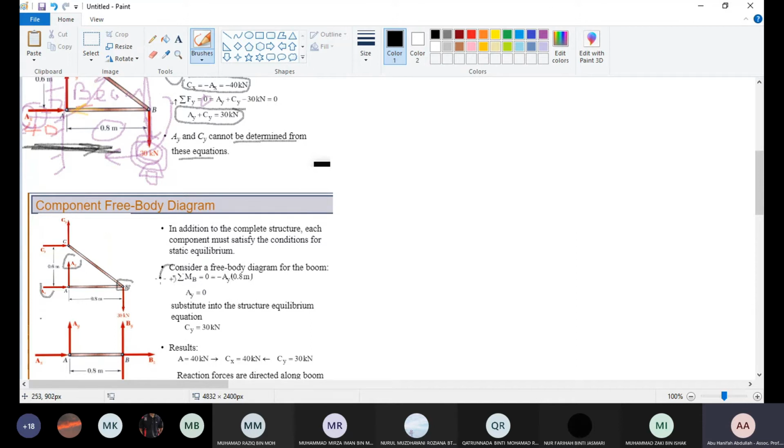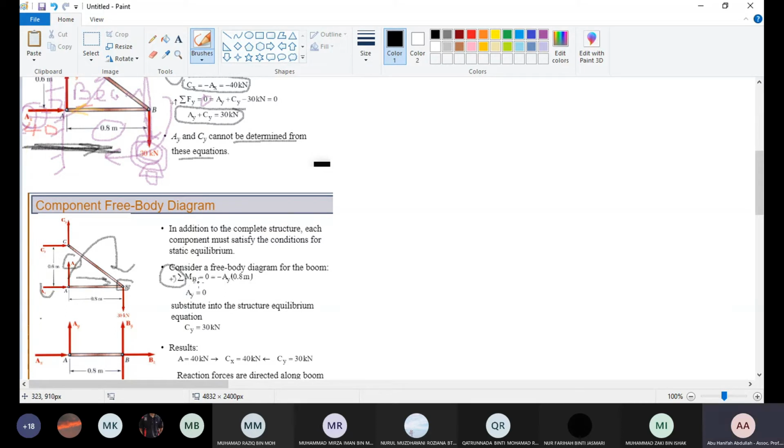So we make another equation. We use the same convention: counterclockwise is positive. So the moment about B is only AY times 0.8. Since AY times 0.8 goes clockwise, it is a minus.